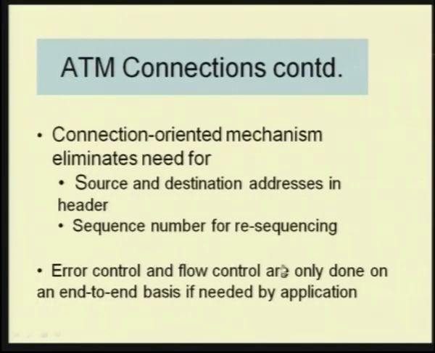We are reducing some of the fields that would normally be there in a packet switched scenario. Second, error control and flow control are only done on an end-to-end basis if needed by the application. The overheads you would normally have for error control and flow control in a packet switched network are done away with, because we use a connection oriented approach. These are some of the major design decisions which allow ATM to give you this higher speed of operation.